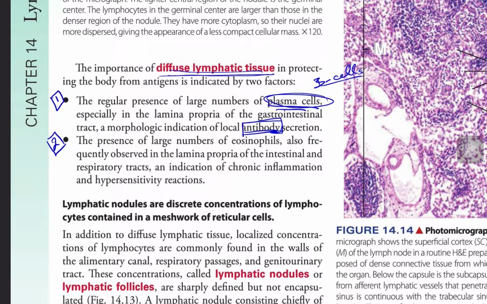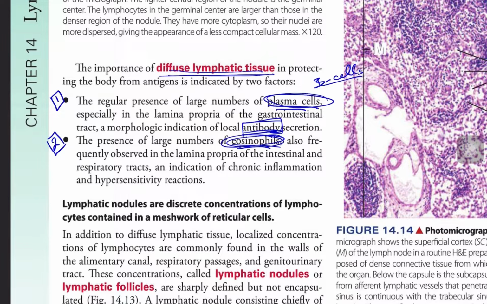So whenever an antigen is present, those antibodies will opsonize it. The second factor is the presence of large numbers of eosinophils, also frequently observed in the lamina propria of the intestinal and respiratory tracts, an indication of chronic inflammation and hypersensitivity reactions.